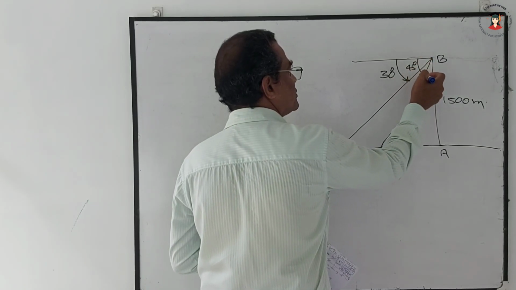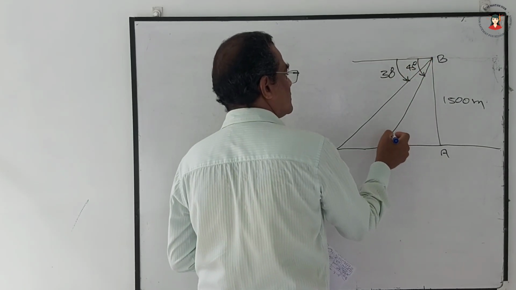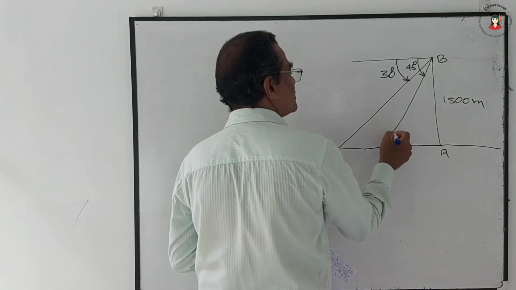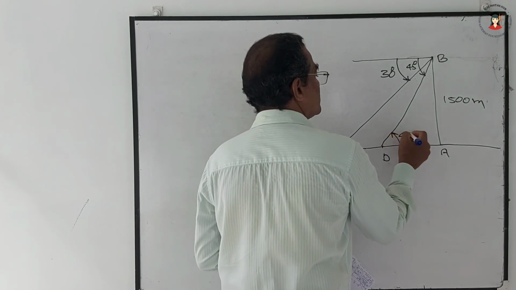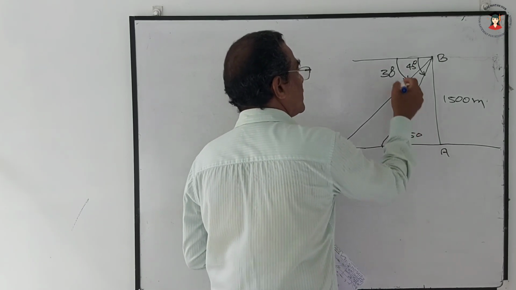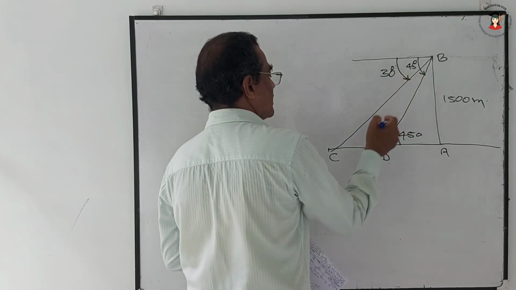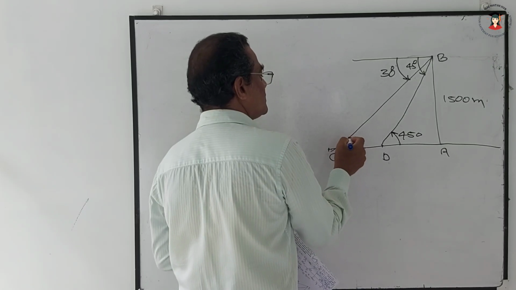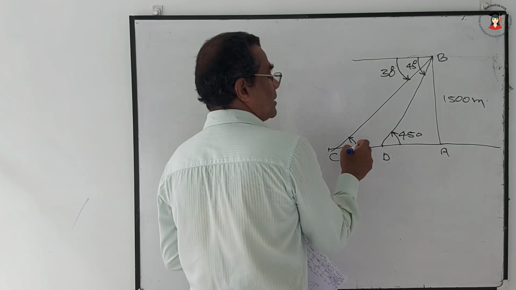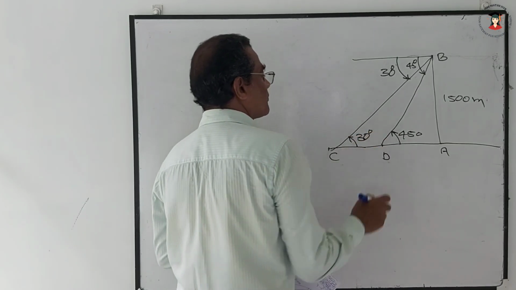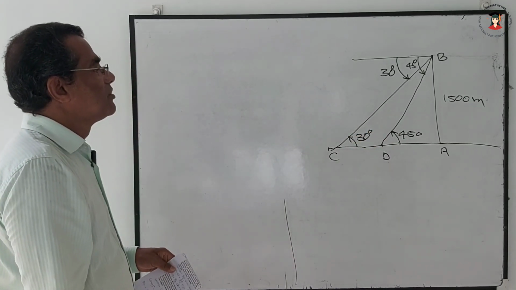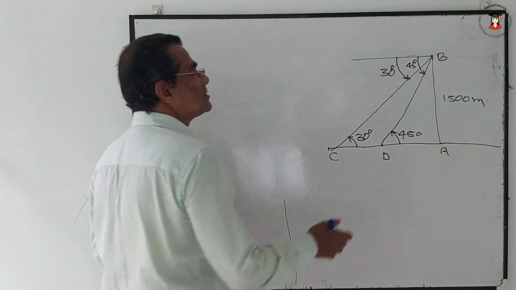So corresponding to this angle, this constitutes the other angle in the alternate pair. So this is 45 degree, and corresponding to this angle, this is the other angle in the pair. So this is 30 degree. So as before, there are two triangles.